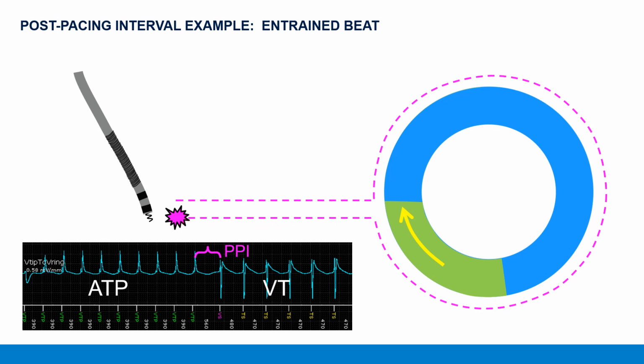And therefore, the post-pacing interval is the sum of the tachycardia cycle length plus 2 times the electrical distance of getting to and from the circuit. They're not exactly the same depending on the distance to the entrance and the distance from the exit, but overall that's the rough amount of time you think about when you entrain tachycardia and have a return beat come from the ongoing interrupted VT.